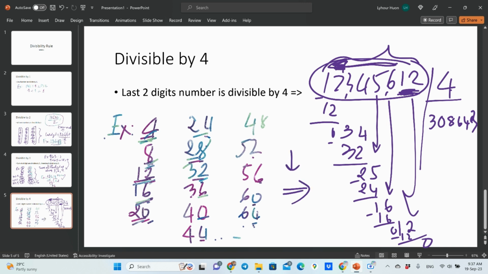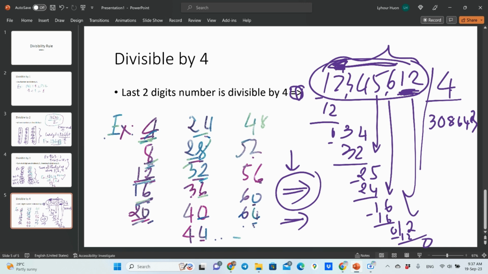This is the therefore sign. But in typing there's no such sign, so we use equal and then the bigger comparison.